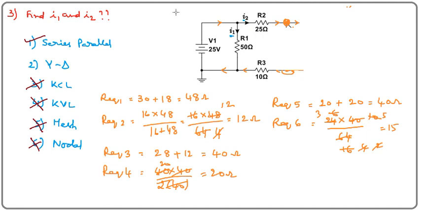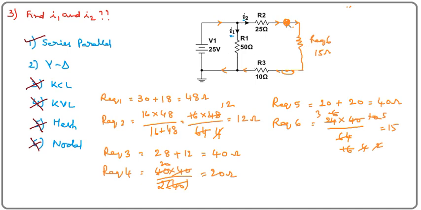So now this is my R equivalent 6 and its value is 15 ohm. Now it's very easy. There are only two currents, I1 and I2, so it's sufficient for us.